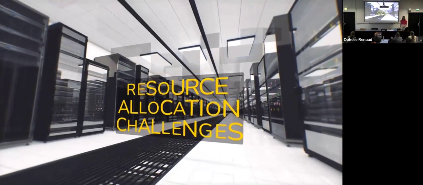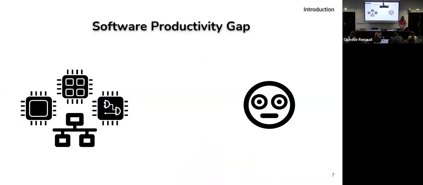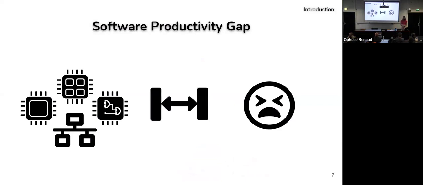And so to understand how, I start by introducing the resource allocation challenges at any scale. As you may know, modern architectures are becoming more and more complex, which on paper improves application performance, but is hard for developers to follow. This introduces a software productivity gap.